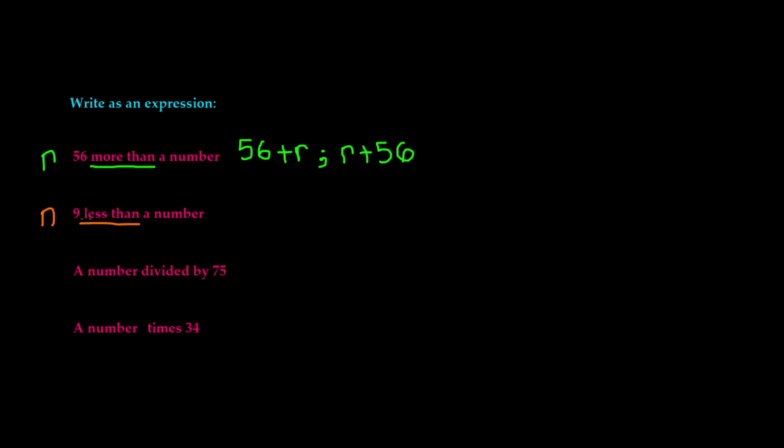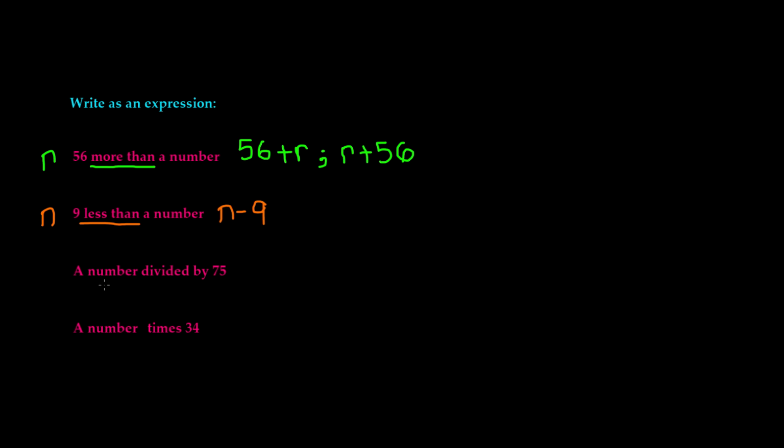If we were to write 9 minus n, that would be wrong because it would be saying you're subtracting n from the number 9. But it's saying 9 less than a number, so 9 is being subtracted from the variable n. So we have to write n minus 9.